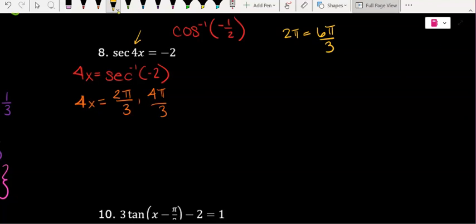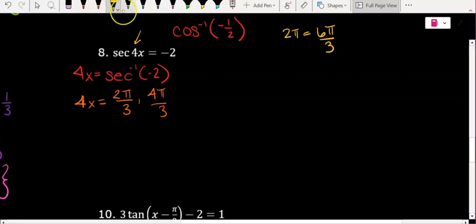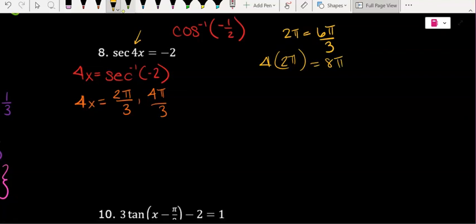Well, I shouldn't say over 2 pi. It would be over 2 pi at the end when I get to it by dividing by 4. So it has to be over 8 pi because I'm doing around 4 rotations. So if you take 2 pi, multiply that by 4, that's going to get me 8 pi, okay?